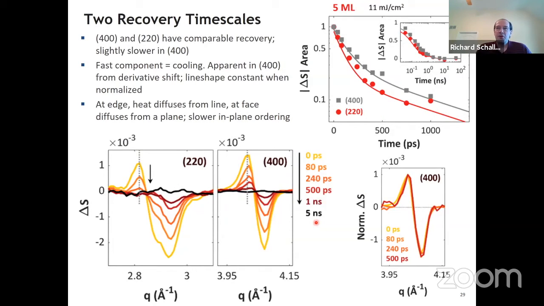These systems also start to show hints of two recovery timescales, which is kind of unexpected. So this ultimately, just to summarize it quickly, is that the recovery timescales of these systems are going to be dominated by diffusive behavior. The exact mechanism of it is something we still try to understand. But in the zero-dimensional particles, remember that the smallest crystals recovered the fastest, and then bigger ones took longer.